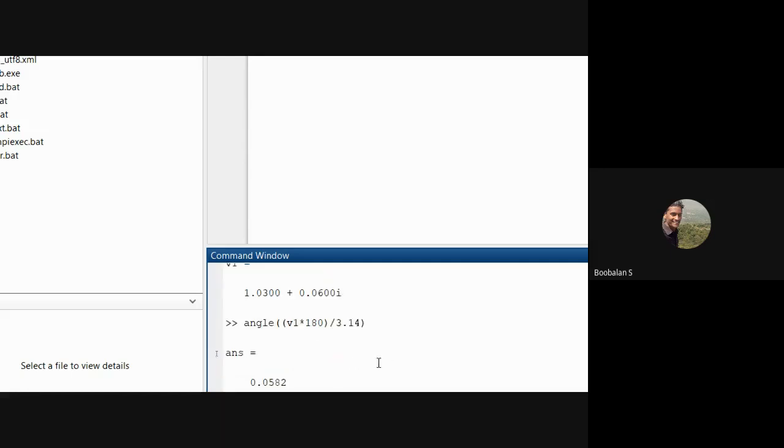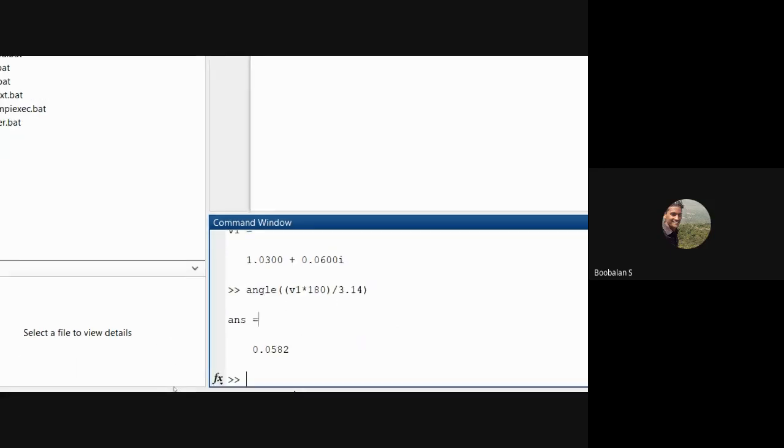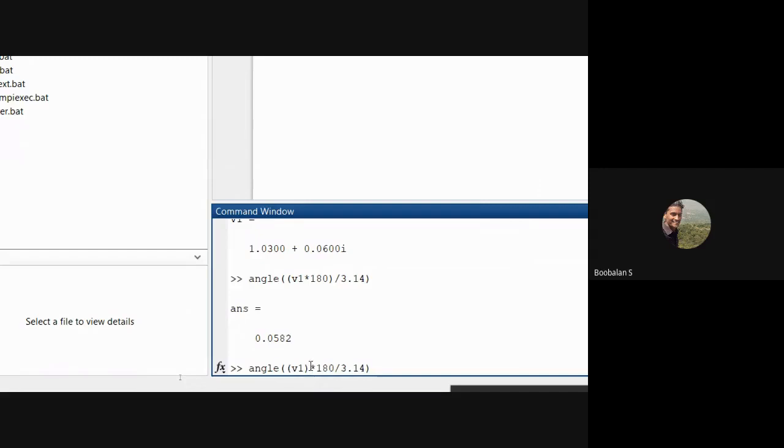Angle of V1 is now 0.05 radians, right? If you have doubts, just go with it. One second, I'm going to use one more bracket. There could be different formulas. We need to calculate the angle of V1 and multiply it by 180 divided by 3.14.